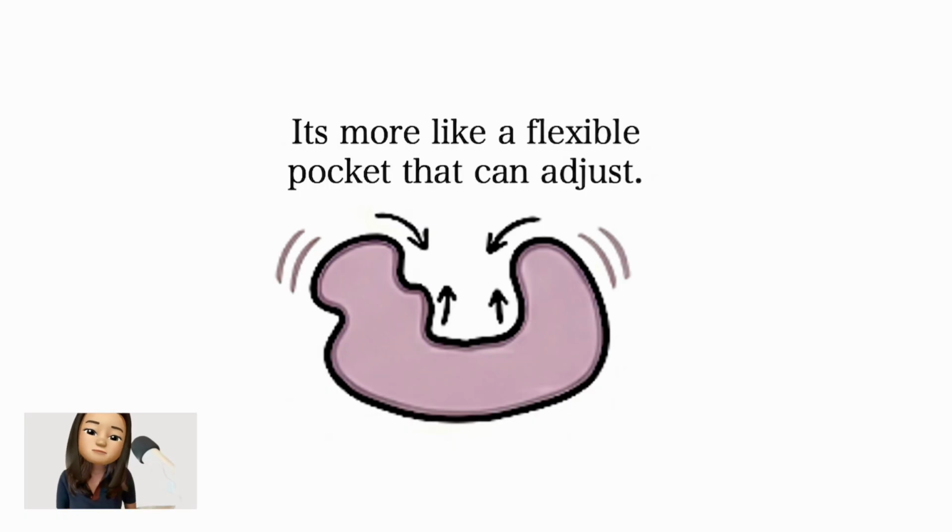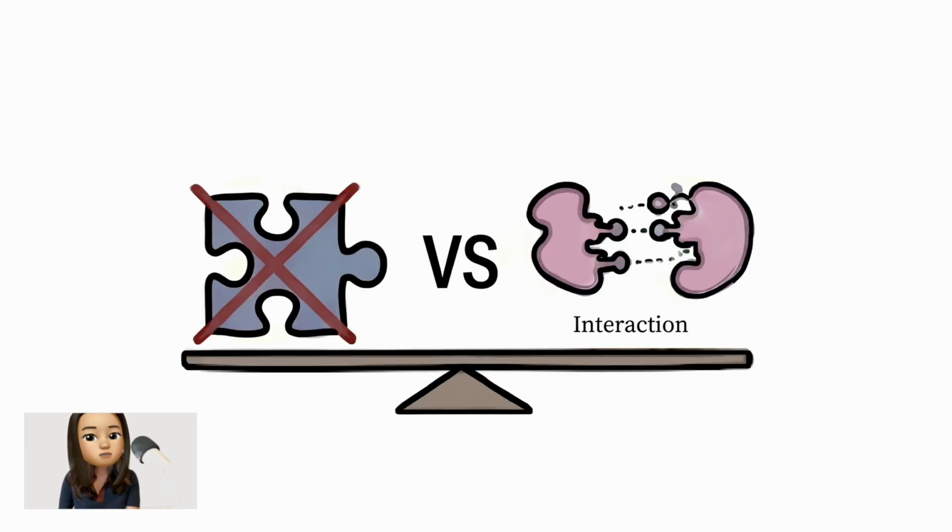The active site's more like a flexible pocket that can adjust. So instead of thinking, let me find the perfect match, the enzyme's thinking, what's the best possible shape that I can get into to ensure the best possible interactions with the substrate?